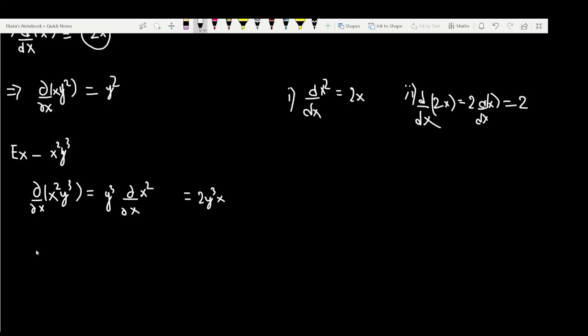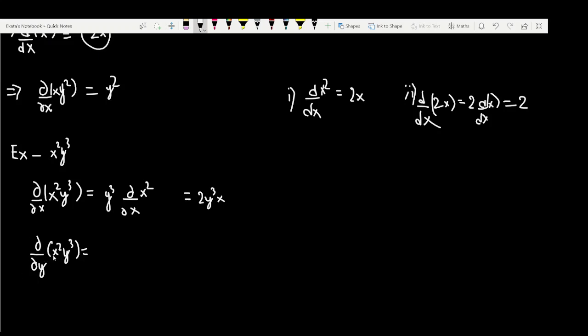But when we take the partial derivative of this function with respect to y, what will it become? Now x squared is a constant for del by del y.